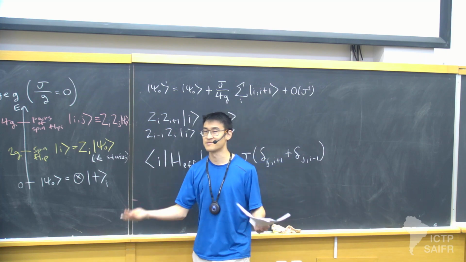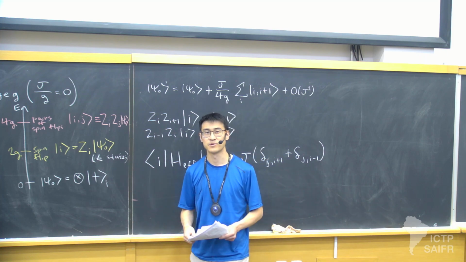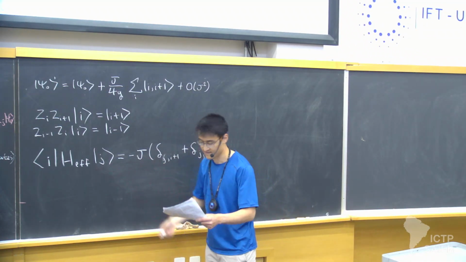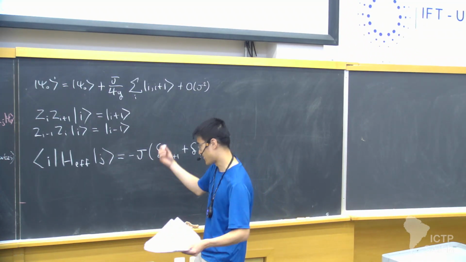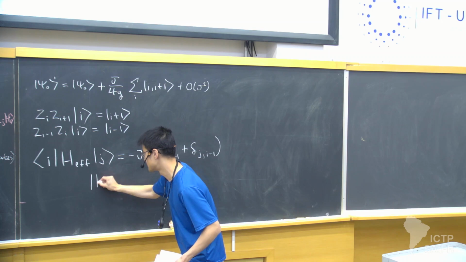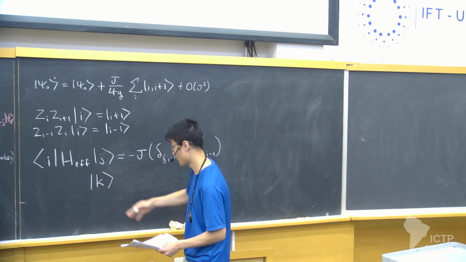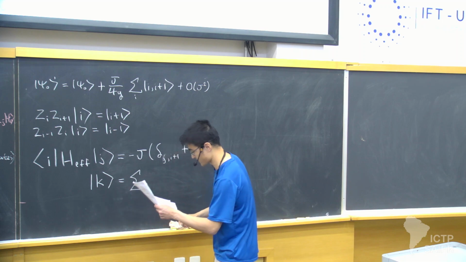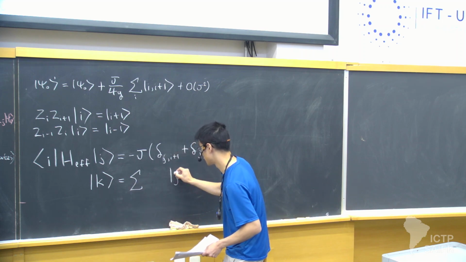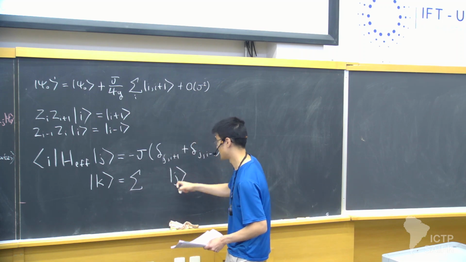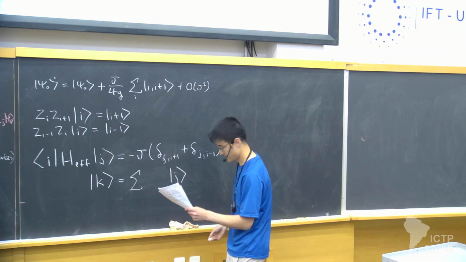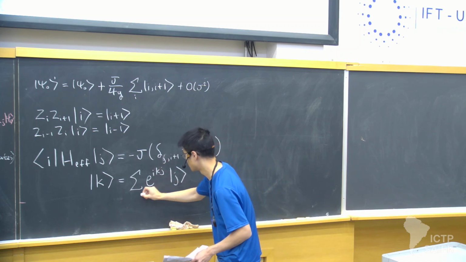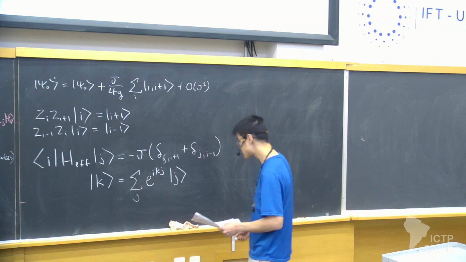We want to work in plane wave states, right? And indeed, that's how we can easily diagonalize this effective Hamiltonian. So we can define a momentum state, K, with momentum K, to consist of some superposition of all the localized states with some phase factor e to the i k j. Okay?